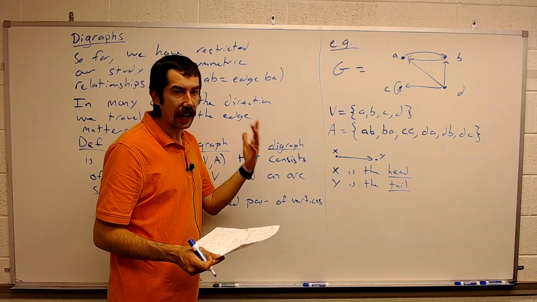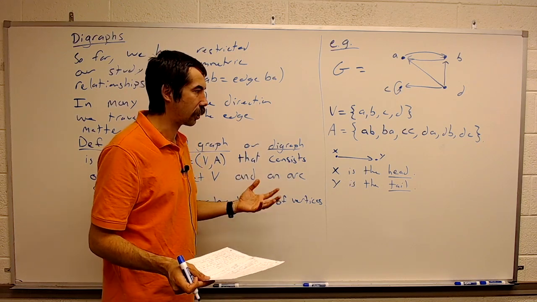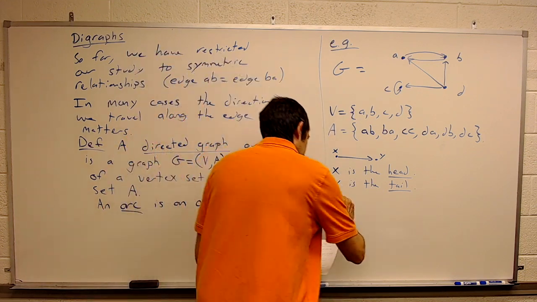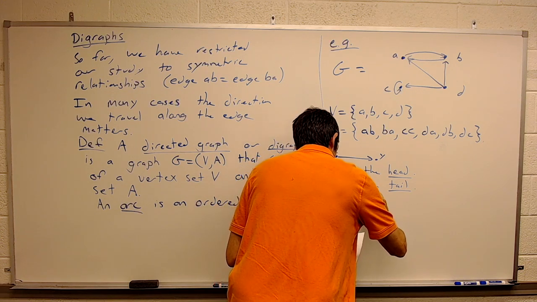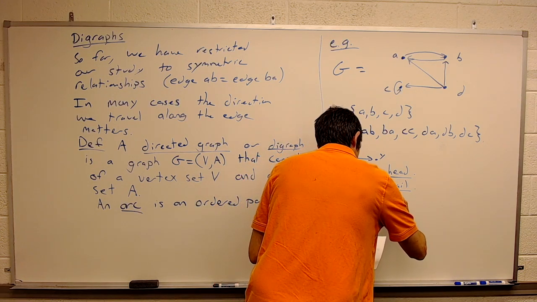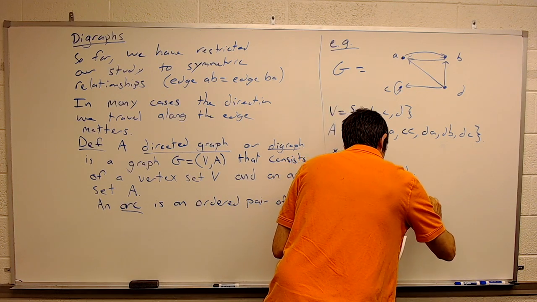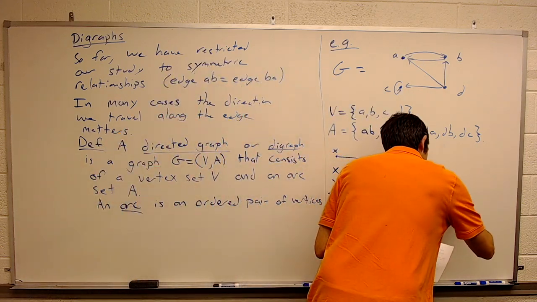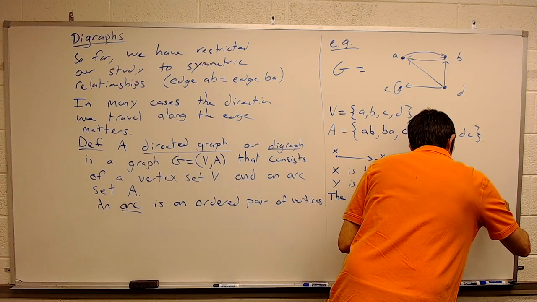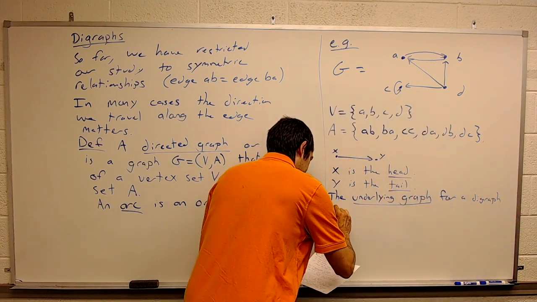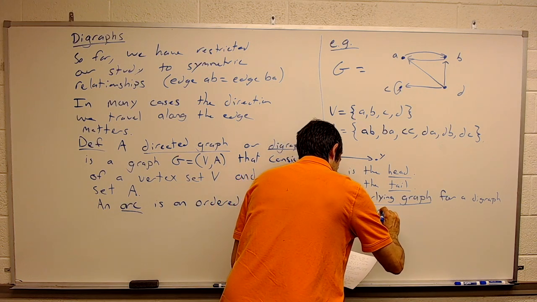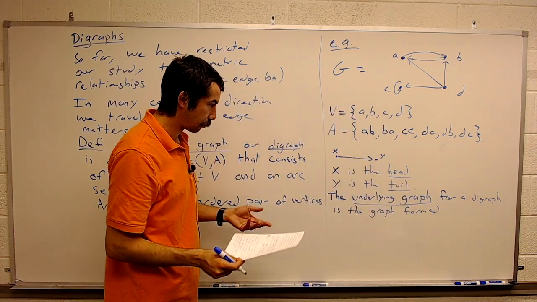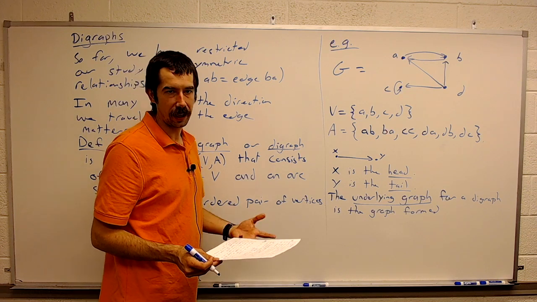And the underlying graph of a directed graph is just the graph formed by replacing all of the arcs with edges. So the underlying graph for a digraph is the graph formed by replacing all the arcs with edges.